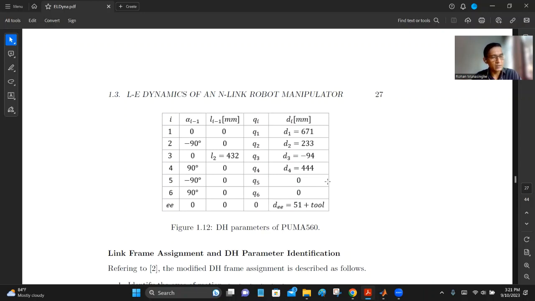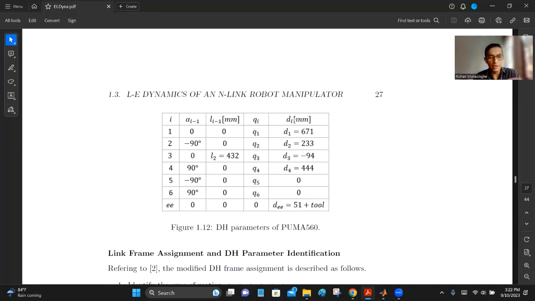So I have taken one reference by Professor Khatib and his students, a long time ago, and found these parameters for 6 links and the end effector, 6 joints rather: alpha, L, Q, and D. Alpha is the twist, L is the link length, Q is the joint angle, D is the joint offset.